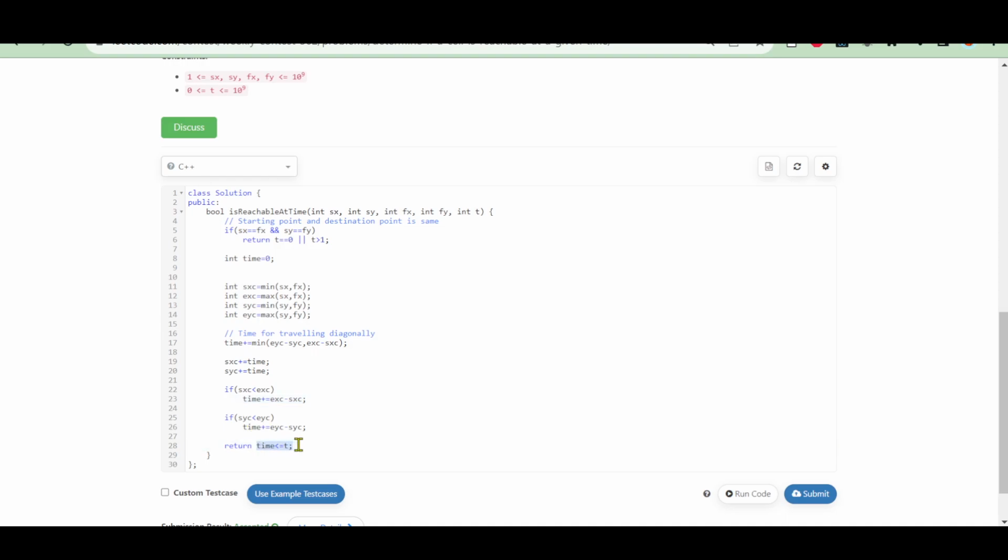Here I am checking whether the time given to me is larger than or equal to the minimum time I have calculated; if so I return true, otherwise false. And this is the whole problem.